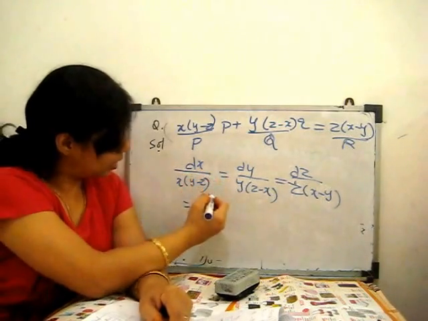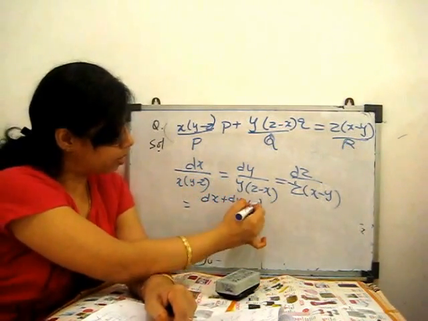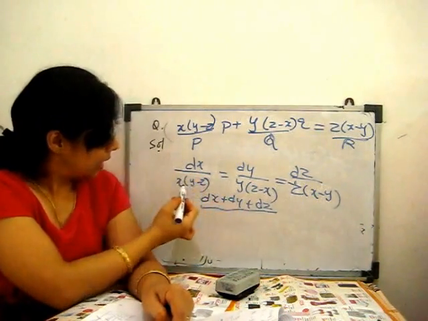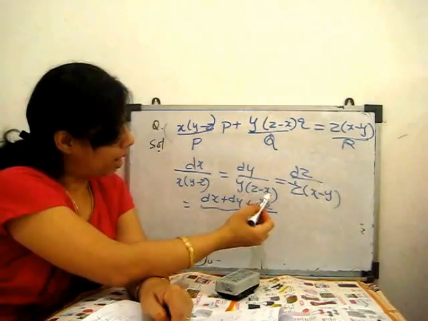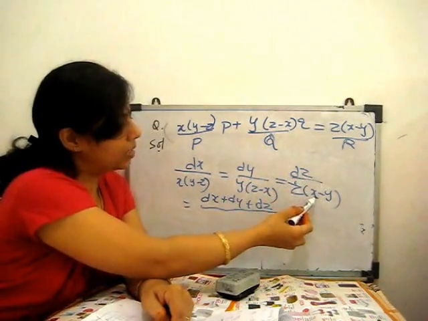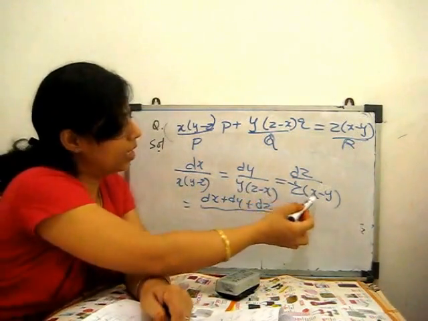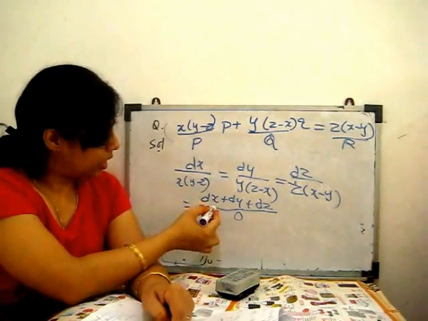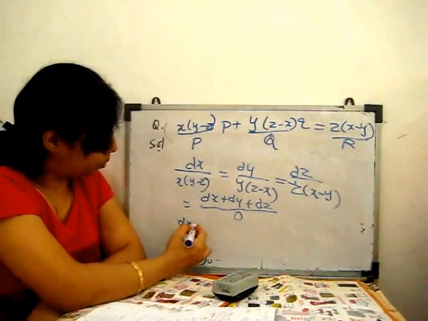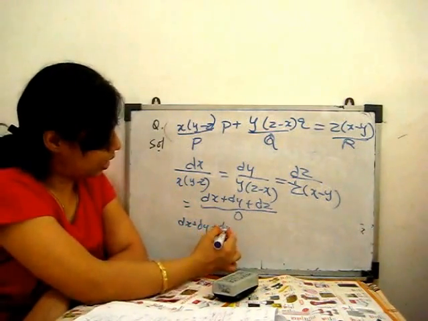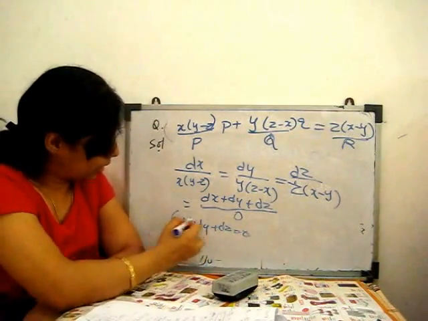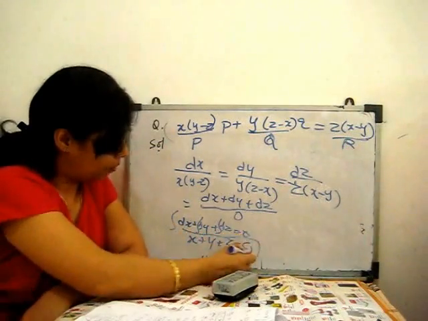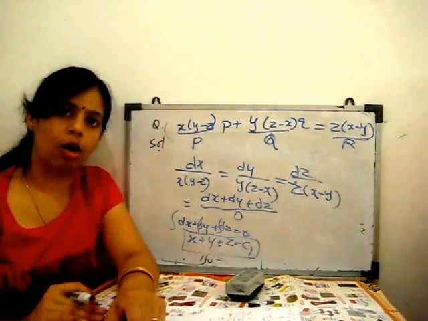If I take l = 1, m = 1 and n = 1, then adding, the terms cancel: minus z plus z, minus y plus y. So the denominator is going to be 0. So dx + dy + dz = 0. Integrating, x + y + z = c1. Our one constant is coming with the method of multiplier.